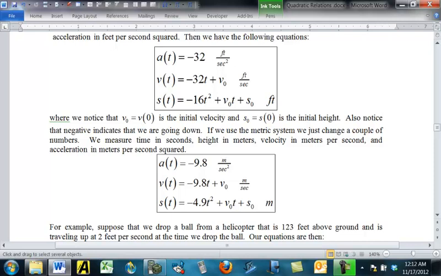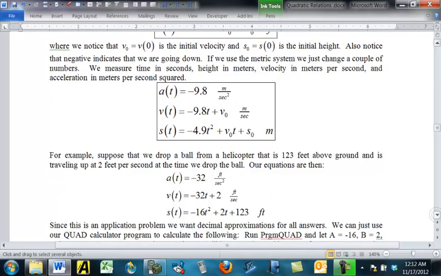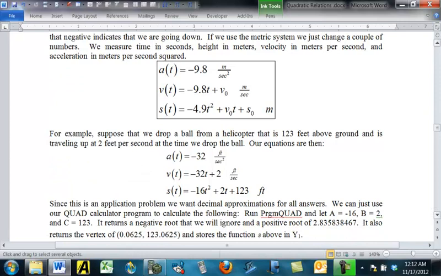Okay, so let's try this in a real-world example. Suppose we drop a ball from a helicopter that's 123 feet above ground, and it's traveling upward at 2 feet per second at the time we drop the ball.